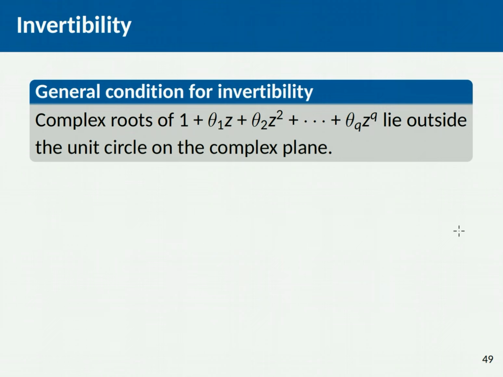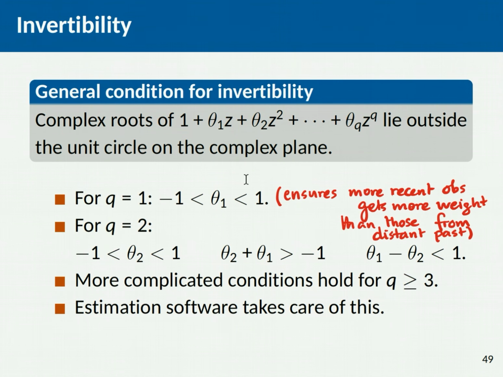Just like we had constraints for stationarity, we also have general conditions for invertibility. Again, the complex roots of this characteristic equation from the MA model should lie outside the unit circle on a complex plane, and this would translate into the value theta, which is the parameter in your MA model. If you had an MA1 model, the absolute value should be less than 1.